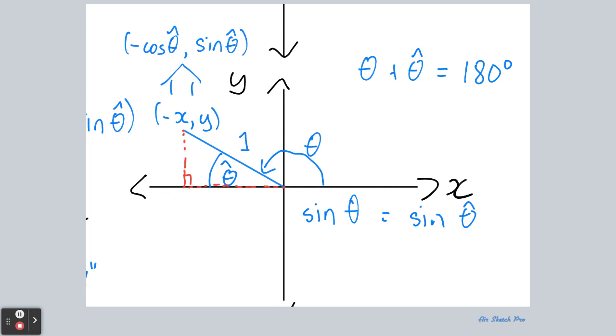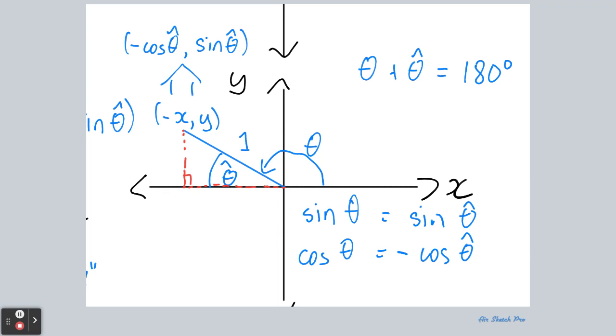I'm going to put this together with an actual example in a moment. But it also means the cosine of theta is going to equal the x coordinate, which is negative cos theta hat. Like so. So this will get us a negative x coordinate, and hence it'll be negative cosine theta hat.